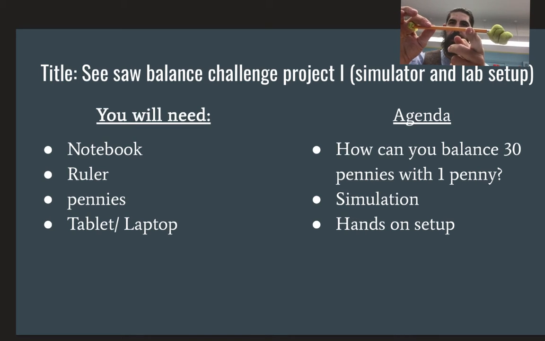Well, I can still balance it, but I have to change where my finger is on the pencil. See, I can still make this balance, but it's a little bit tricky.